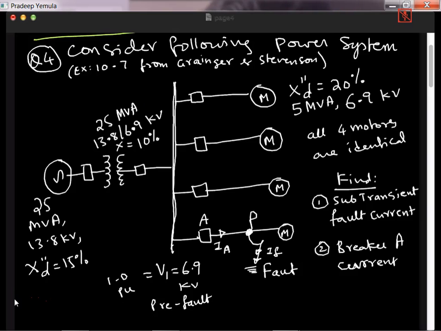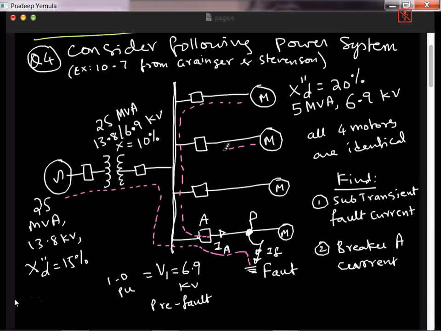So let me map the fault currents. When there is a fault occurring here, the motor is also ultimately a rotating machine. So when there is a fault in the system, the rotating machine also will supply the fault current. The fault current will start from the generator and then come through the breaker to the fault. Another fault current will come from motor 1 and go into the breaker.